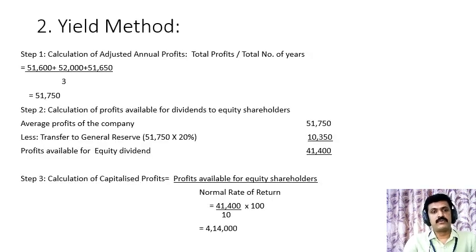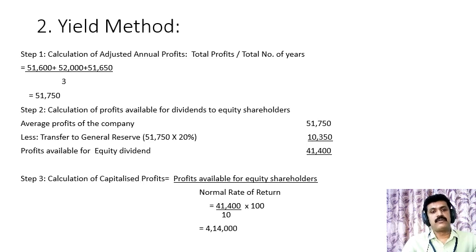Then we'll move on to the second method, yield method. So here first we have to calculate the adjusted annual profits, and the formula is total profits divided by total number of years. So profits for the last 3 years 51,600, 52,000 and 51,650 divided by 3 years. So the average profit comes to 51,750.